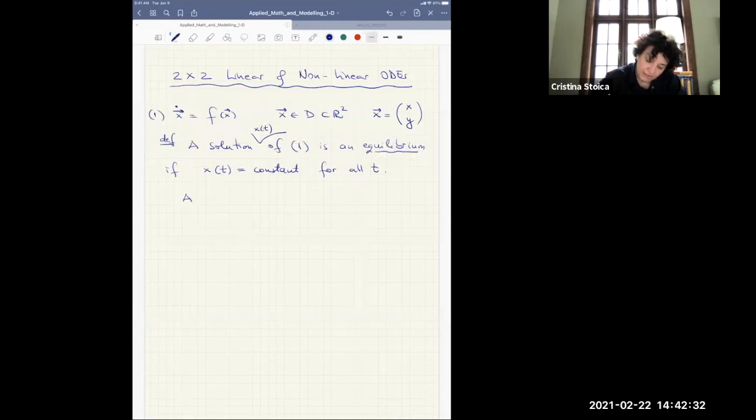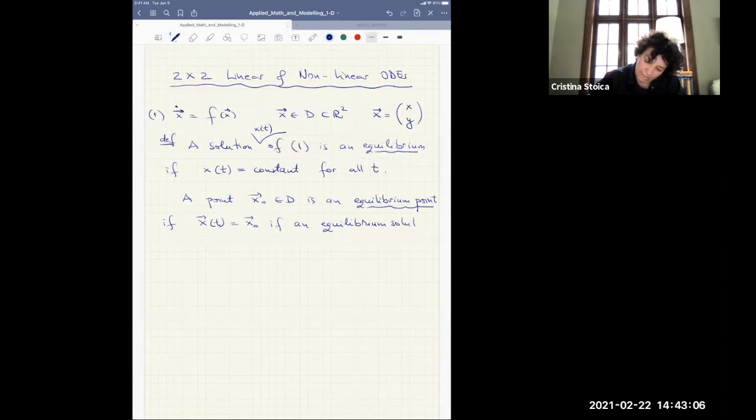A point x naught in D is an equilibrium point if x of t equals x naught is an equilibrium solution. I want to distinguish between an equilibrium solution and an equilibrium point.